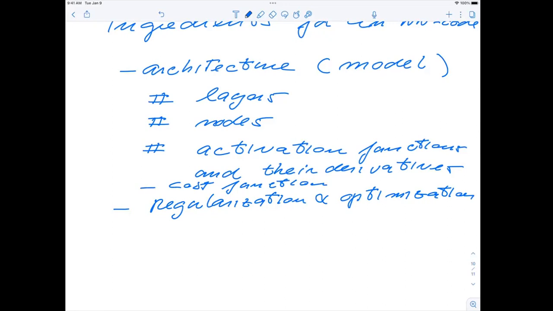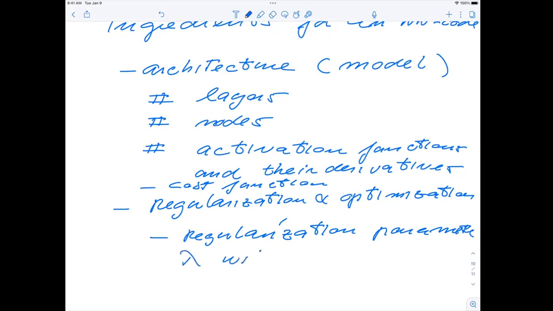And it's useful to have a given class of cost functions, which you then would simply set up once and for all, and that receives just its inputs. So you can do regularization and optimization. Here you can have different hyperparameters, a regularization term. So you can have a regularization parameter lambda with either an L1 or L2 regularization. So these are the kind of standard regularization terms.